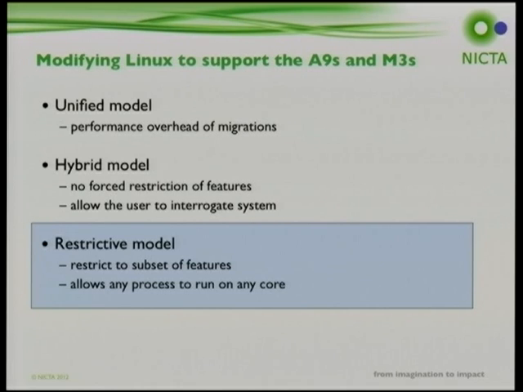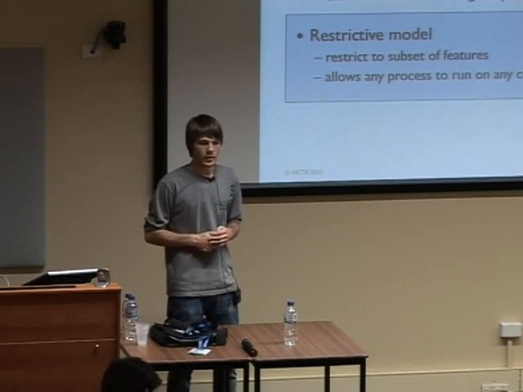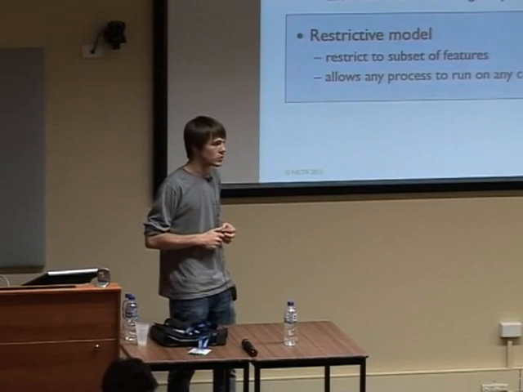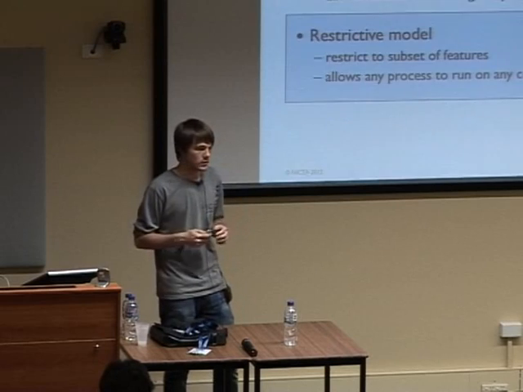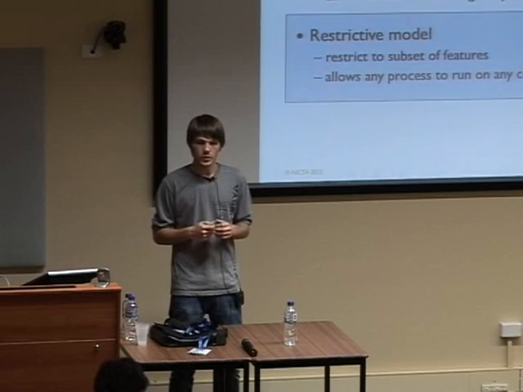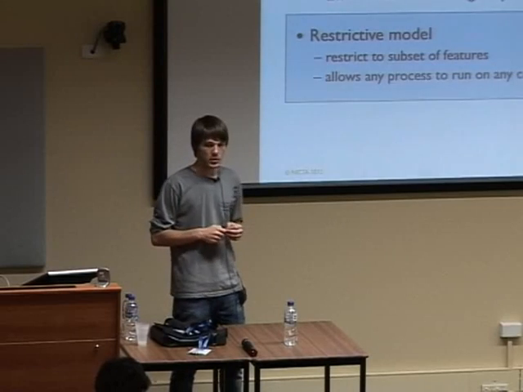We did this mainly because we wanted to provide an SMP-like system that allowed you to schedule tasks on either core without worrying about features, and also we wanted to investigate energy efficiency, which would involve offloading tasks, so we wanted to be able to run as much of Linux and the user programs on the M3 as possible.